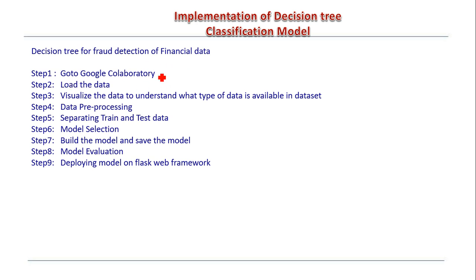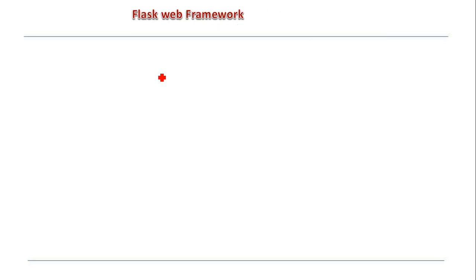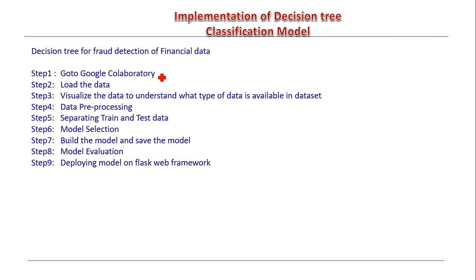So you have to go to Colaboratory, load the data and visualize it to understand what type of data is available in the dataset. We need to do all those steps. Let me show you the implementation part.